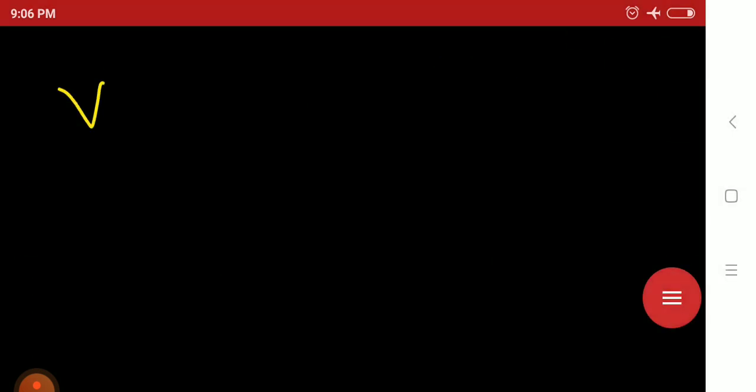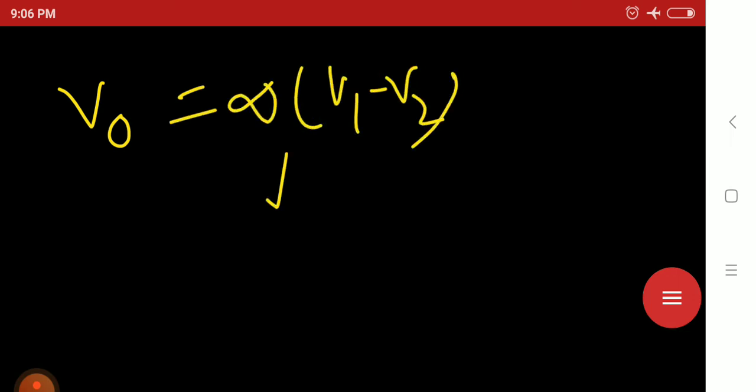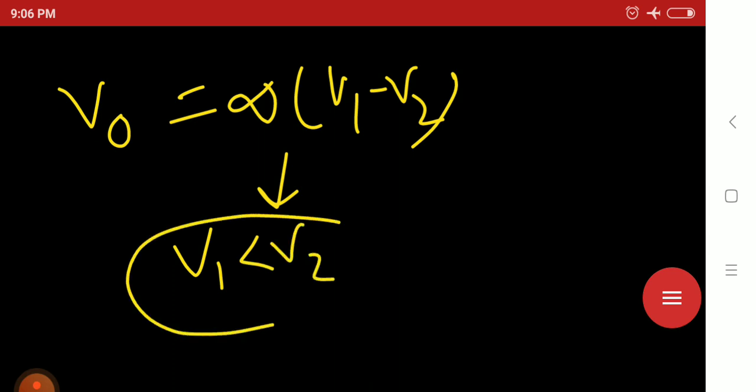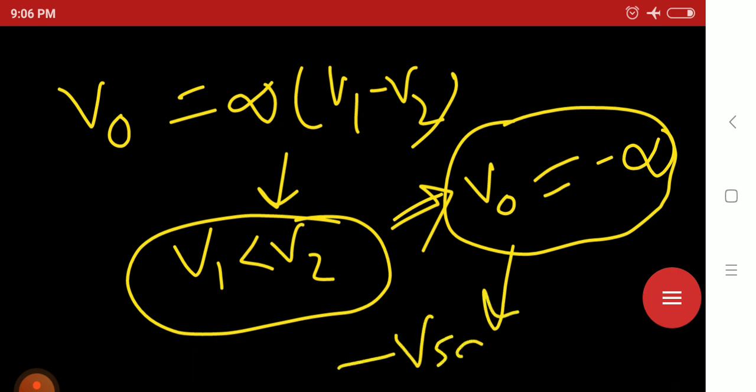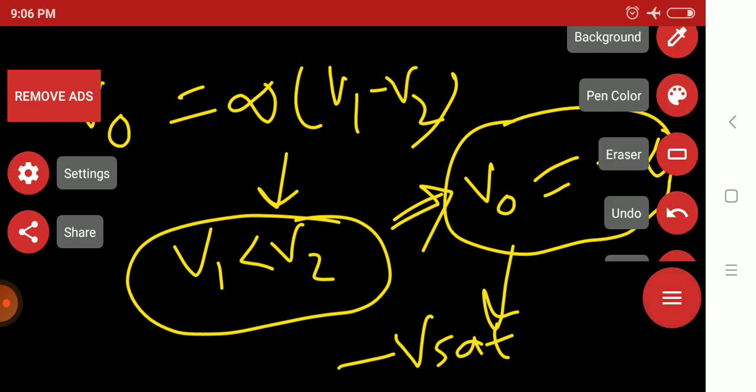And for V1 less than V2, V0 equals minus infinity. That is the case of negative saturation voltage. So two cases we saw: for V1 greater than V2, V0 is positive saturation voltage, and for V1 less than V2, V0 is negative saturation voltage.